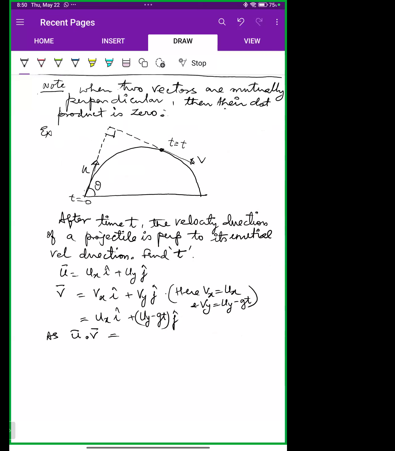Sir, is time equal to u upon g sine theta? Let us see.